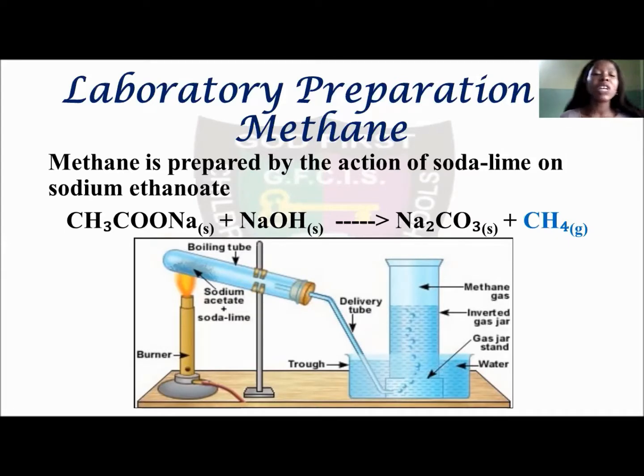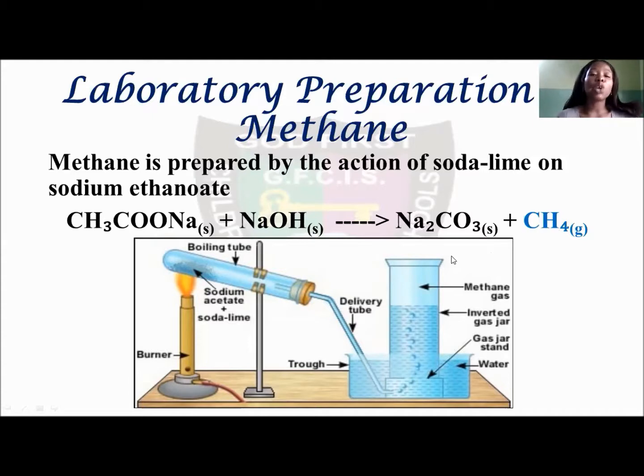Sodium ethanoate is CH3COONa. When you react it with soda lime, the sodium hydroxide, NaOH, comes from the soda lime, and you have your product, methane. Now, see the setup. This is the setup of the laboratory preparation of methane.